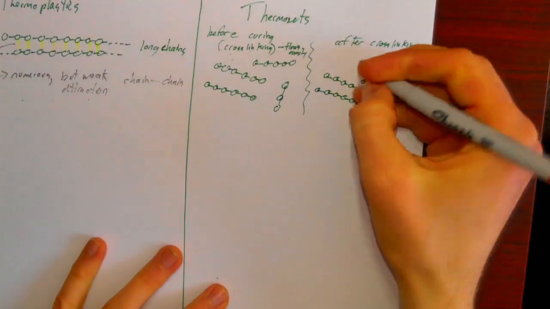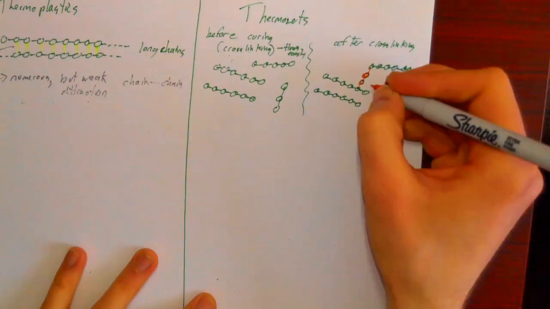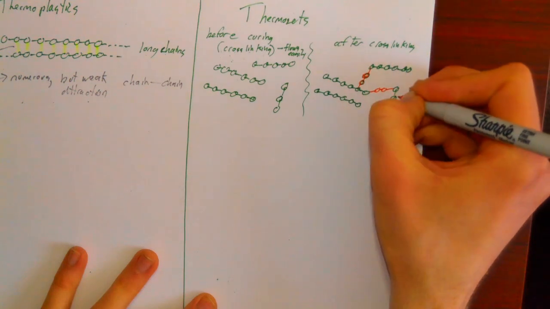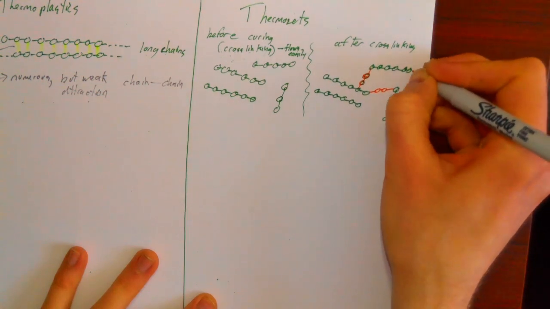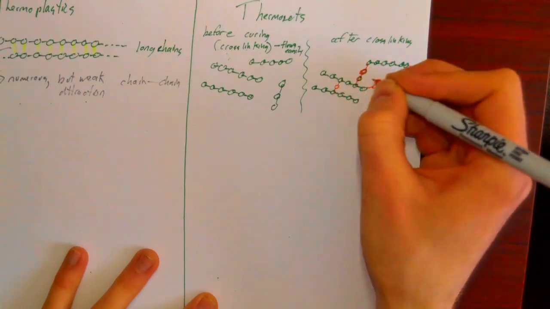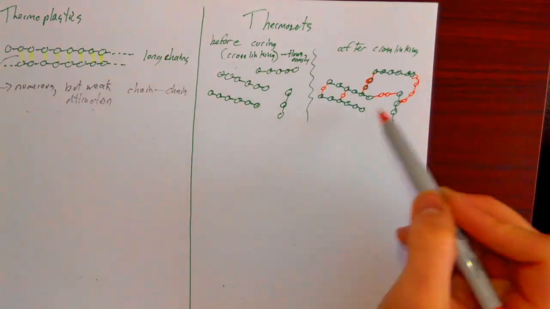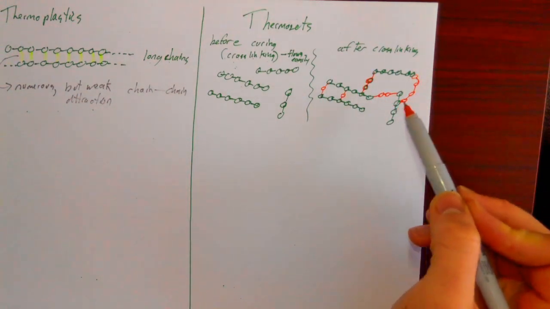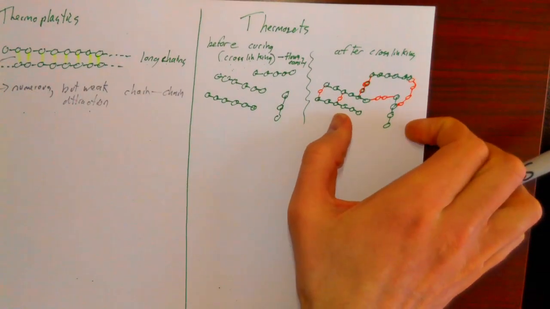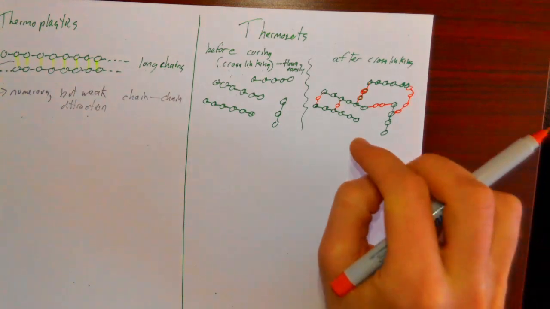So basically, you build these crosslinks. And then you can imagine, if each of these small chains are now covalently cross-linked to one another, then covalent crosslinks give this material its strength, right?